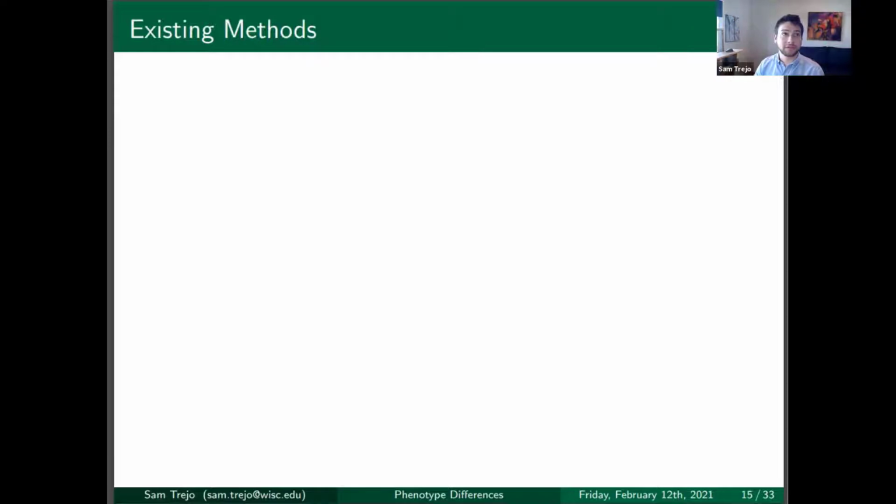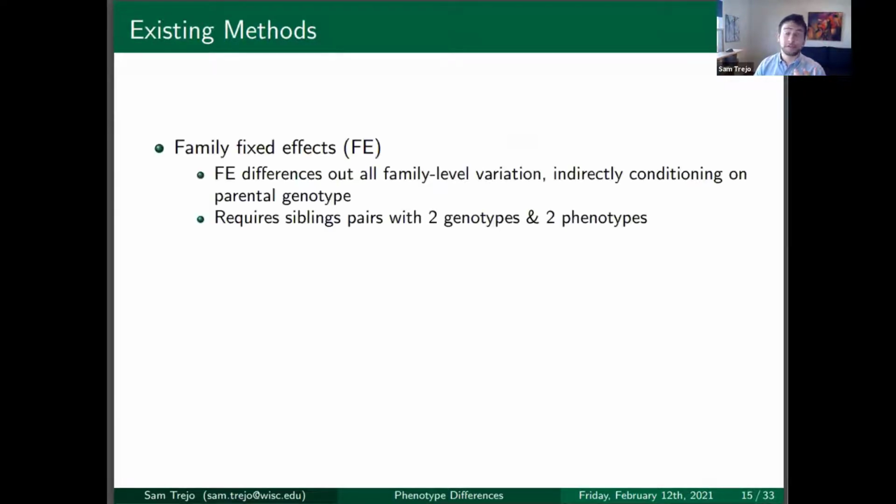In terms of existing methods, I think there are two main streams. One is the family fixed effects approach. We take the difference between siblings' genotypes and the difference between siblings' phenotypes. That differences out all family-level variation in the outcome, which indirectly conditions on parental genotype, because parental genotype doesn't vary within a family, at least in a classic nuclear biological family.